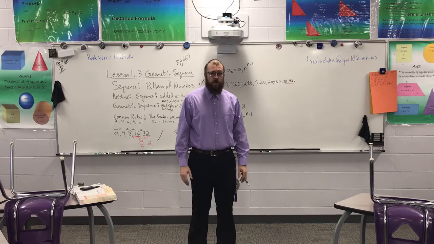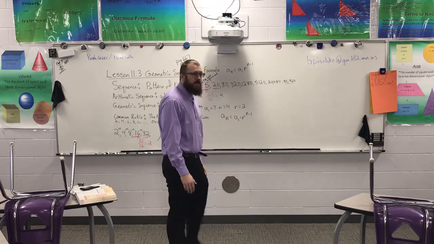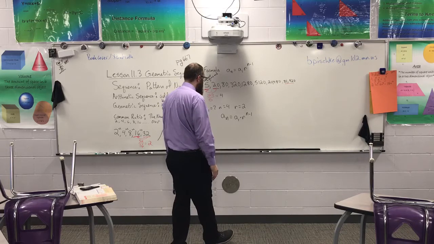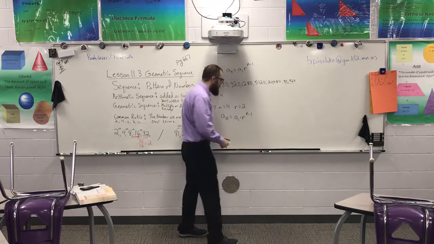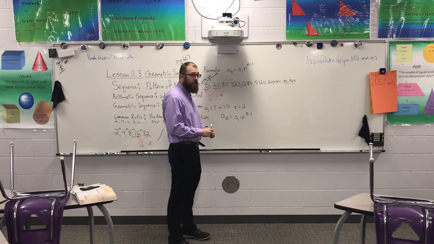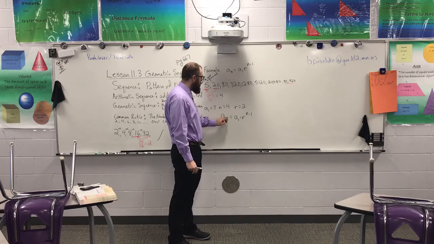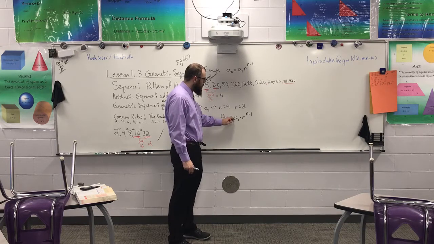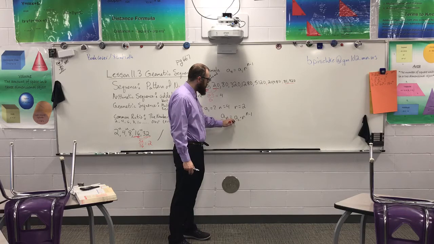Now it's really, really important that we understand the pieces of the formula. So let's talk about them. an and a1 should be familiar. an is our last term, or what we're looking for. a1 is our first term.